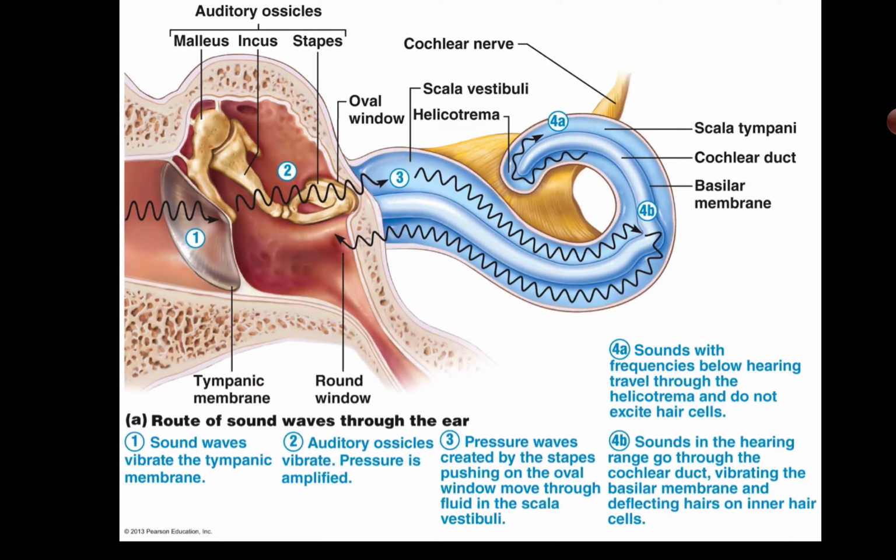That's where the hair cells are going to be stimulated, and the brain can then detect that that part of the basilar membrane is being stimulated, therefore that part means this frequency. That's how the brain knows what frequency of sound is coming in to the inner ear. If it's really high frequency, remember it's going to stimulate the basilar membrane up here. Lower frequency gets pushed down towards the helicotrema. That's how we can detect that.